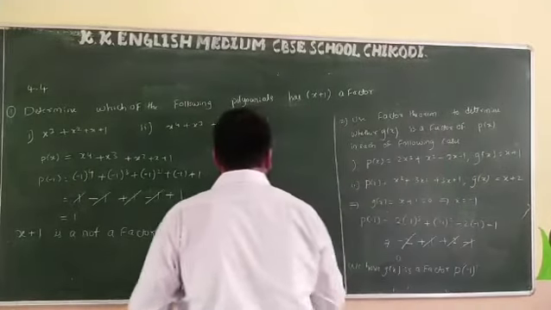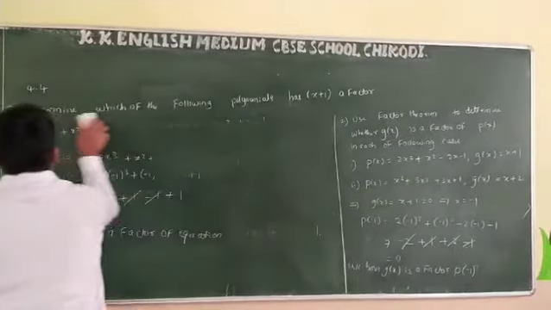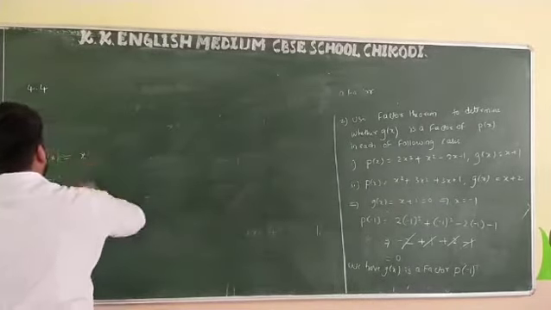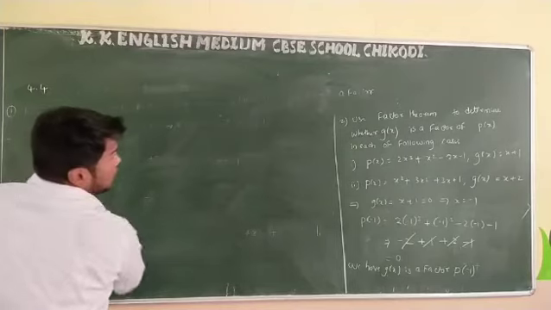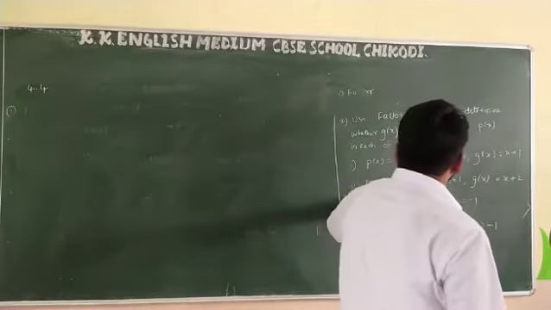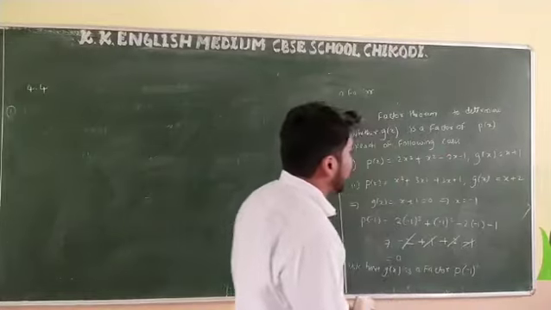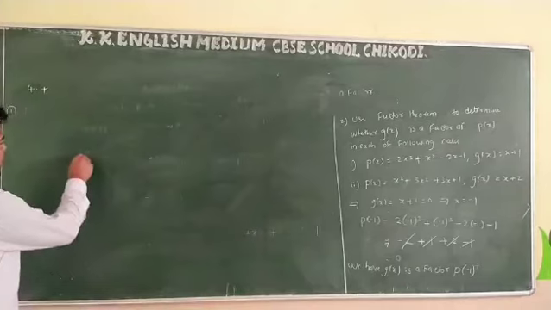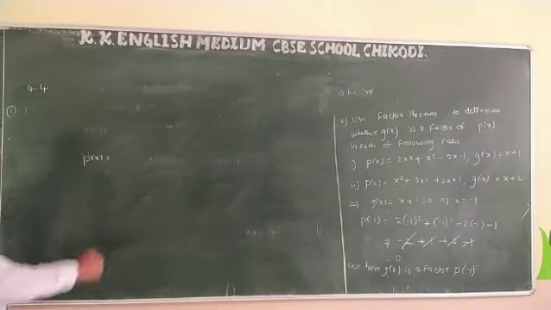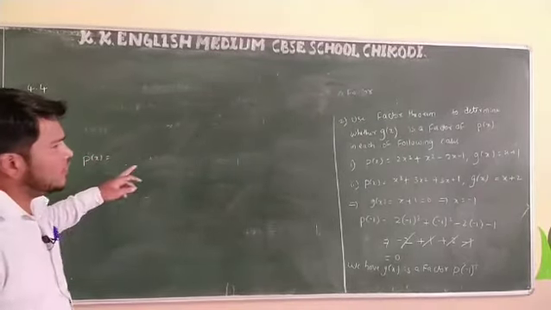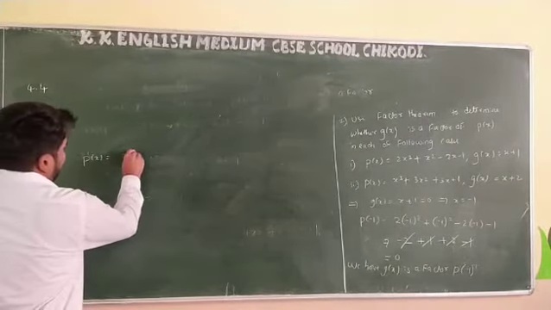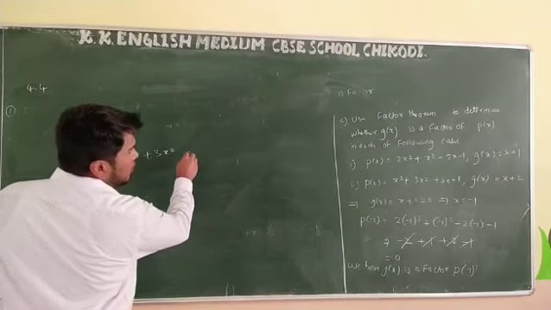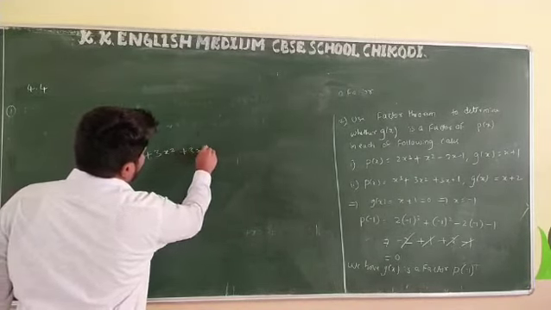Hence we will solve the second question. Similarly, we solve here. The second question we will solve here. See dear students, the second question is p of x is equal to x cube plus 3x square plus 3x plus 1.